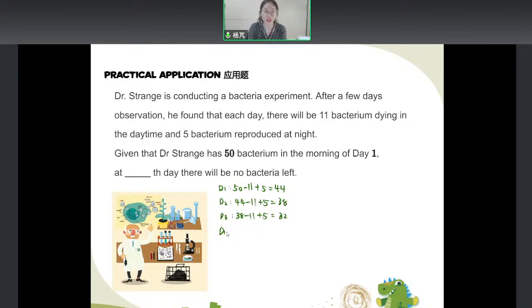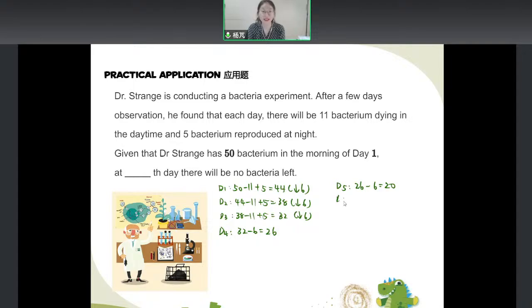Day 4. Actually, after that, we will find the pattern. Each day will be decreased by 6. So on the 4th day, we can just use minus 6. 32 minus 6 equals 26. Then day 5, 26 minus 6 equals 20.